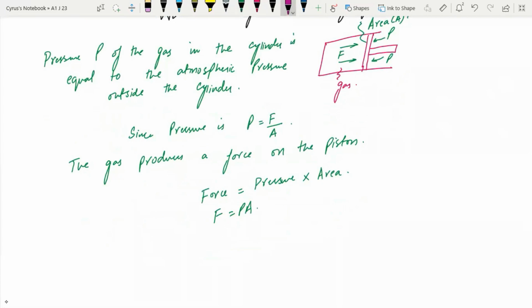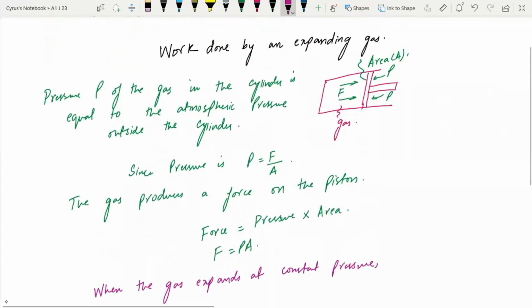What happens is that when the gas expands at constant pressure, the piston will move outwards.